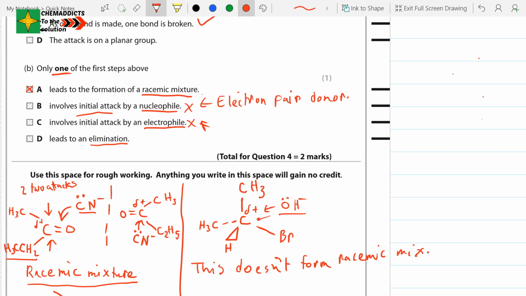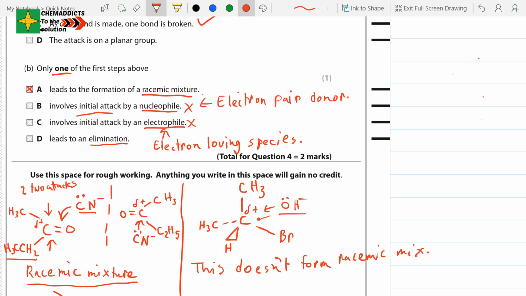And an electrophile means an electron pair acceptor. An electron-loving species is called an electrophile.